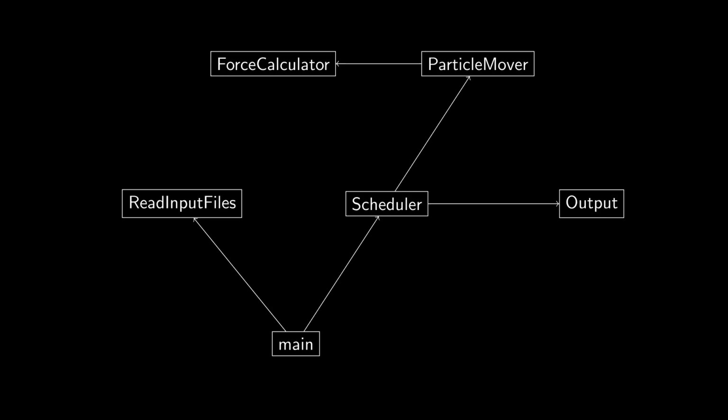So if we decided to upgrade our particle mover, it wouldn't make a difference for that. And if we let the particle mover decide when to calculate the forces rather than the scheduler, that means that with every upgrade that we do for the particle mover, we do not even need to touch the scheduler. So we can really just update our program by changing only this little part up here.